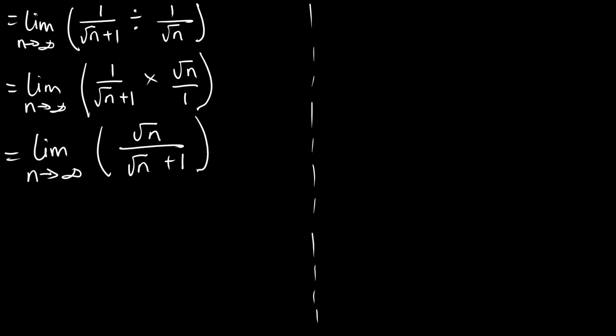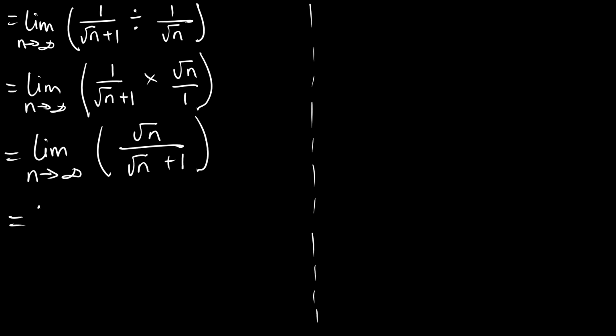Alright. Now, if you learn your limit from calculus, we also have episodes of calculus here. You can go and check it out. Finding the limit here, what we can do is divide each of the expressions by root of n.